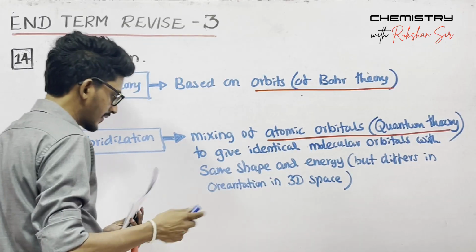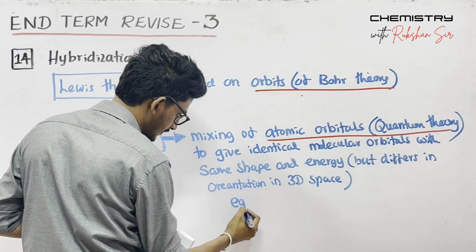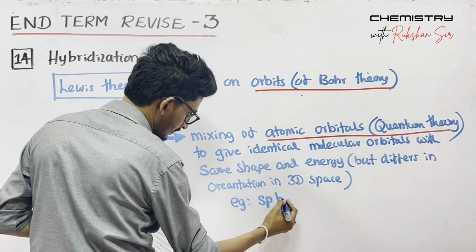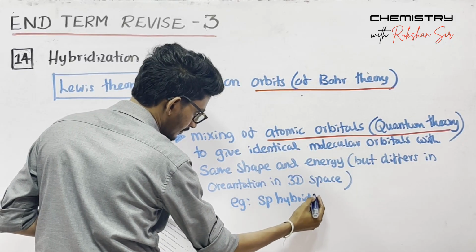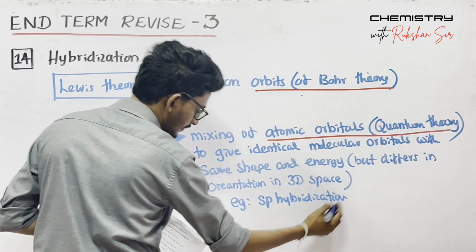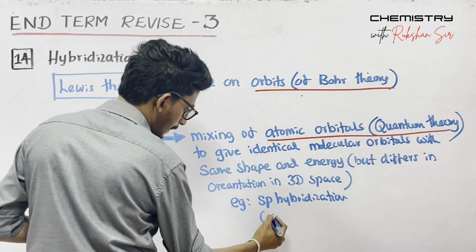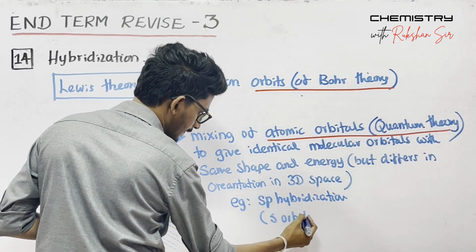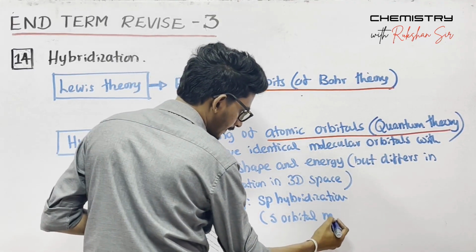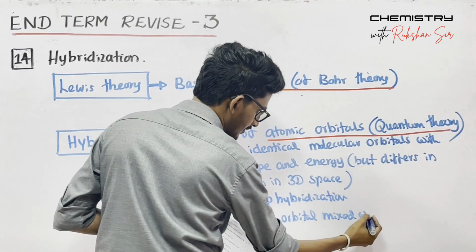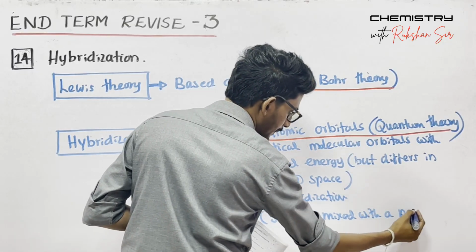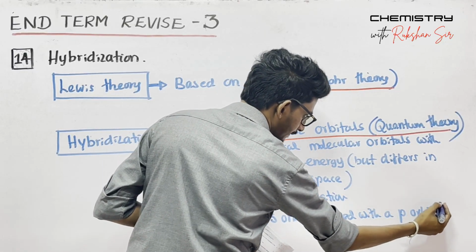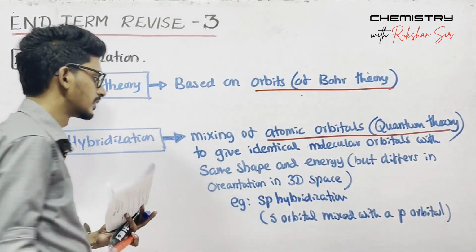For example, an s orbital mixed with a p orbital. Got the idea?